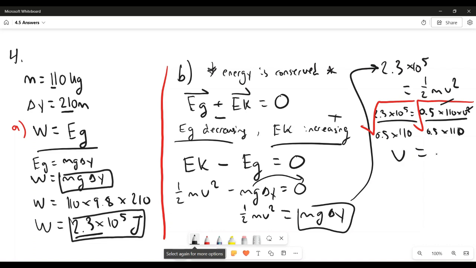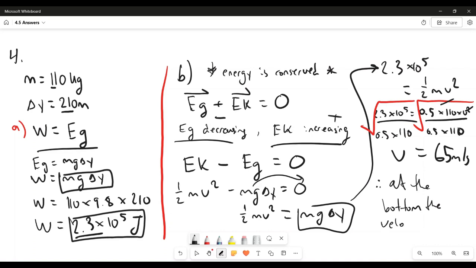And so in the end, the velocity you get should be 65 meters per second. So therefore, at the bottom, the velocity is 65 meters per second.